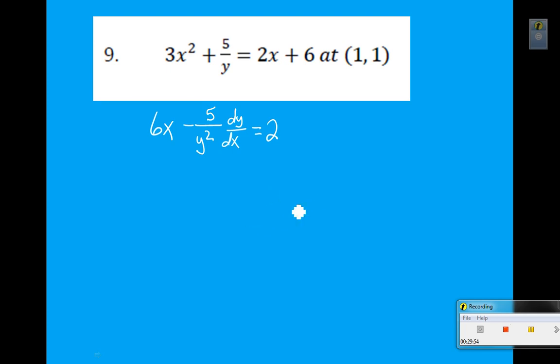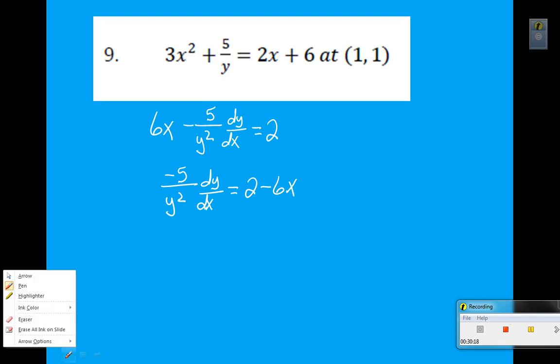Now we're going to solve this thing for dy dx. So here's the best way. I'm going to have negative 5 over y squared dy dx equal 2 minus 6x. So I subtracted that 6x over just like we've been doing.